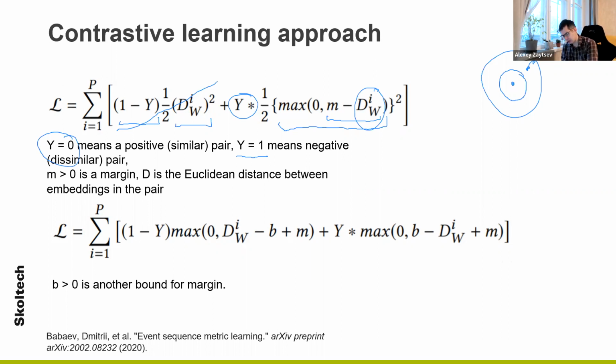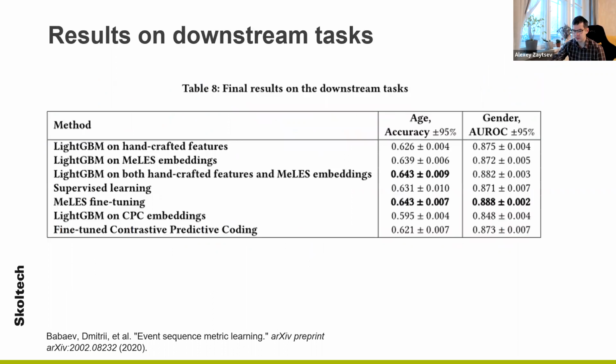If it's smaller than beta, it's still okay. If it's larger than beta, it's still okay to have embeddings here. And this means that we have this maximum of 0 and the distance minus another bound for the margin, the lower bound in this case, and our upper bound m that we already had in our previous version of the loss. So we consider these two loss functions, pretty heuristic ones. And so what we can try to say about the training of these different types of embeddings, we start with the evaluation protocol.